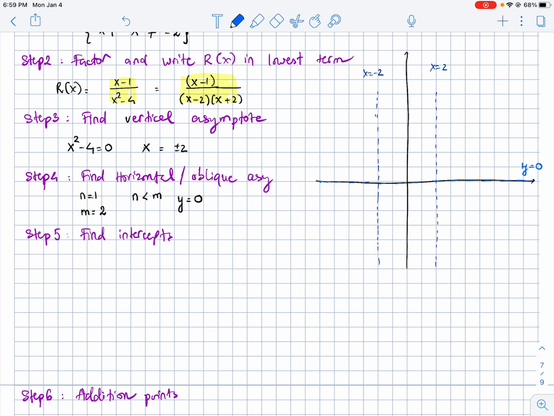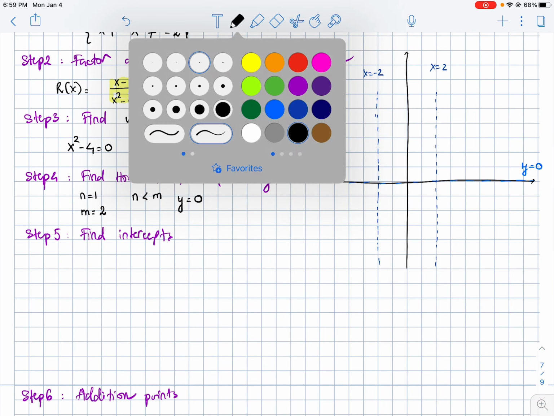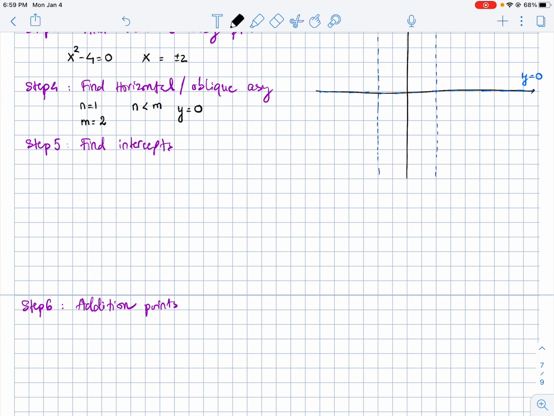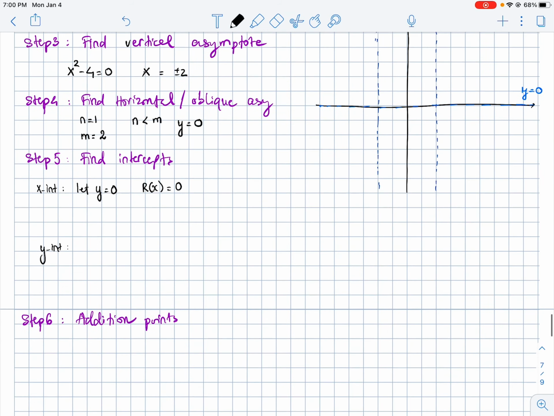Okay, so we want to find the special points. The special points are the intercepts. We have two kinds of intercepts, the x-intercept and the y-intercept. To find the x-intercept, we let y equal 0. y is r of x, so we let r of x equal 0.